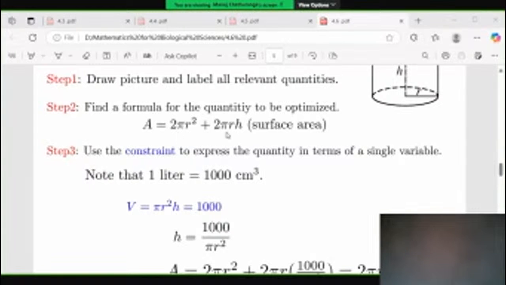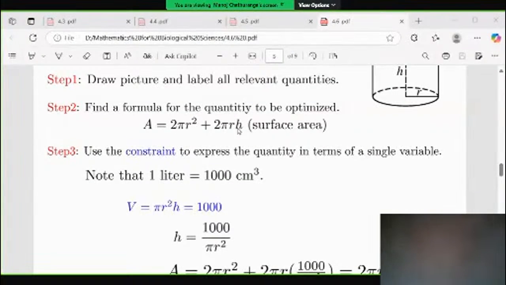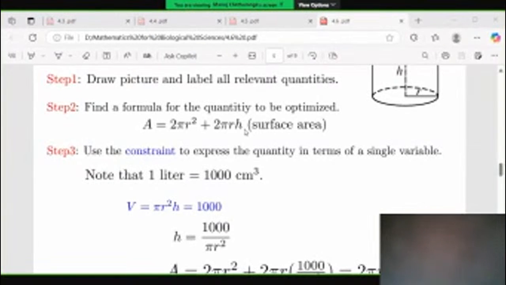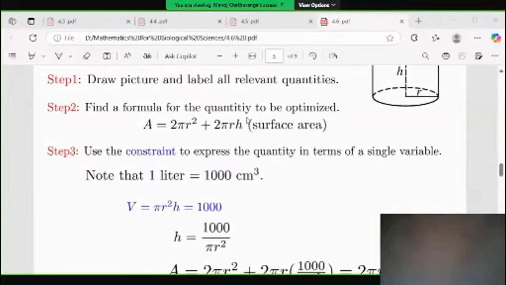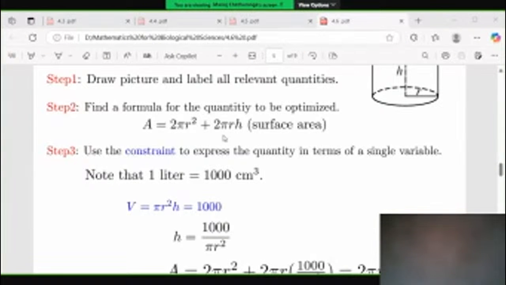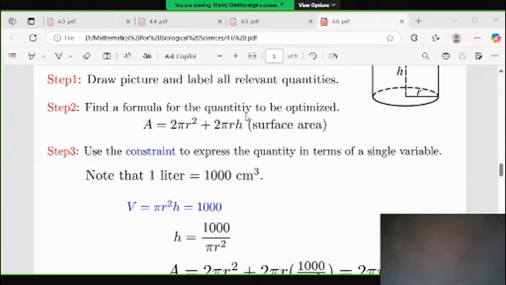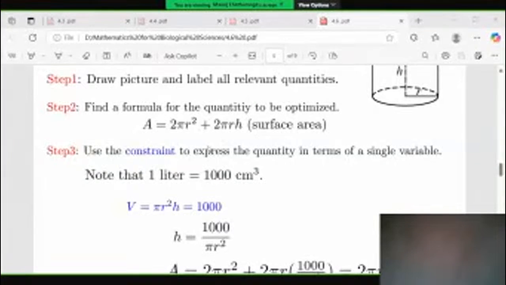To use derivatives, we need to remove one of the variables. It could be r or h, but by looking at the expression, I think it would be wise to remove h. It's easier to remove h because we have r square and r terms, so it's better to keep those and remove the simple h term.